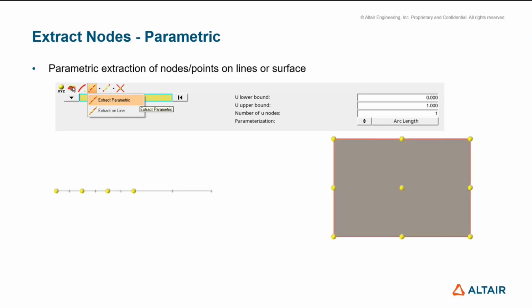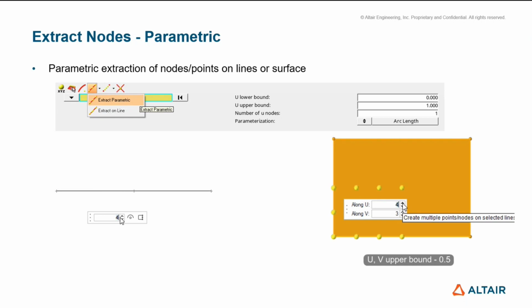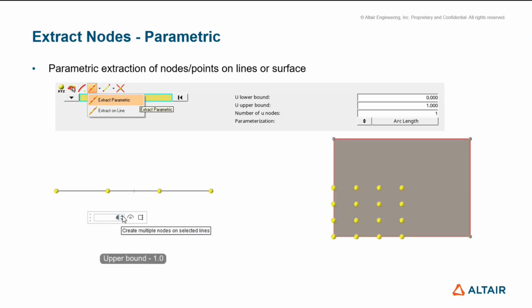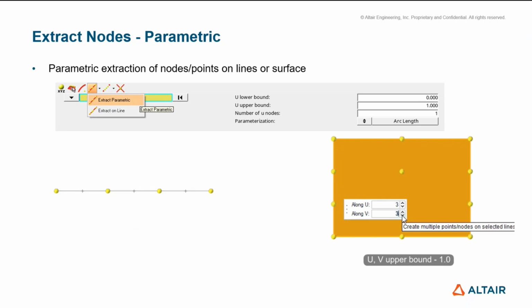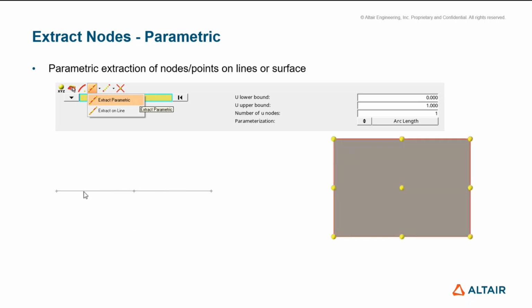The addition here is on the left, you can see that we kept the normal micro dialog where you can still split the nodes, or you can split the line at those nodes that you're creating. So it is still a very useful functionality that is in addition to what we had in the panels.